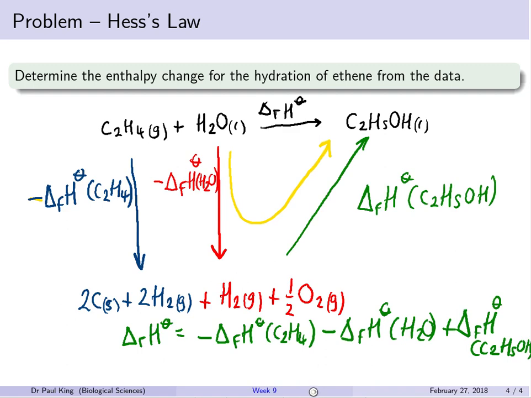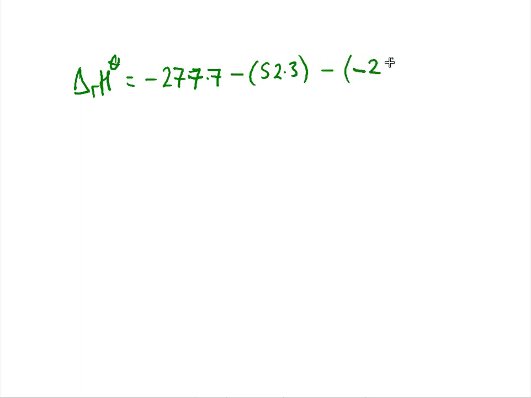So if I then work out what that enthalpy change is going to be, I do the following. My enthalpy of reaction is going to be minus 277.7 minus 52.3 minus 285.8, which gives me minus 44.2 kilojoules per mole.